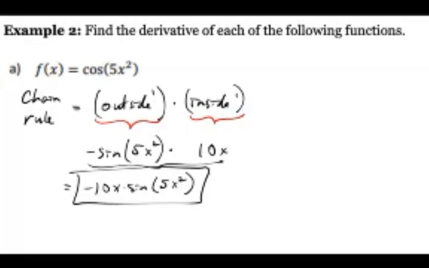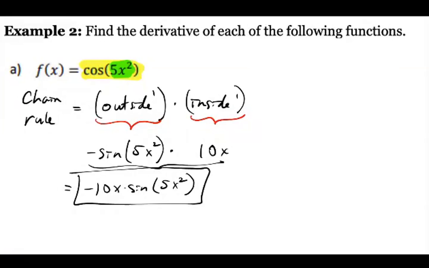No, so when I'm looking at the inside, like I said, there's two parts to it, right? We have the whole thing, the outside here, and then we have the inside. When I'm looking at the outside, I'm only looking at what's just yellow. That's just the cosine, right?